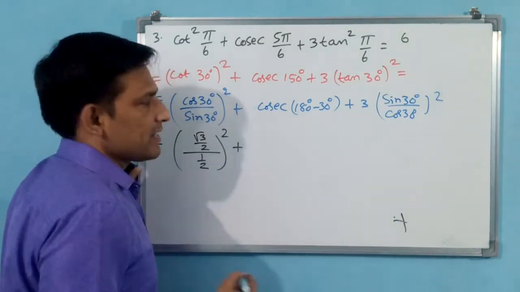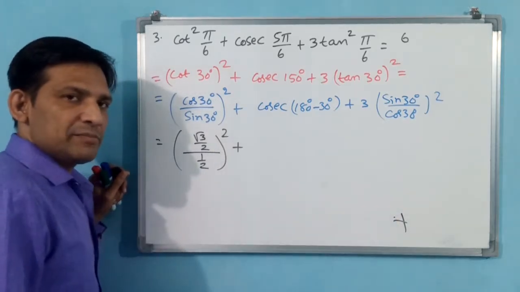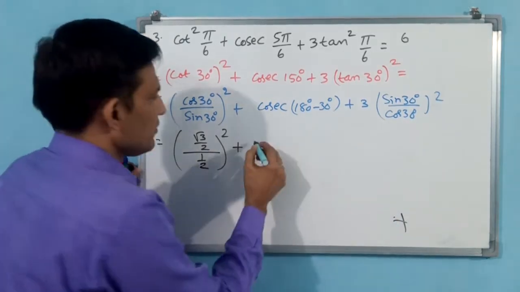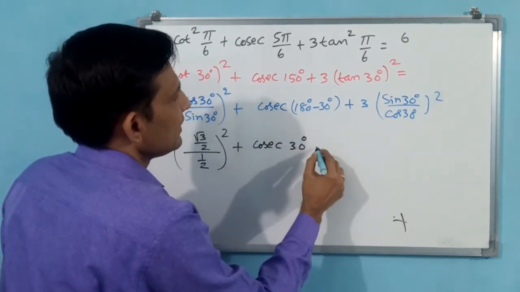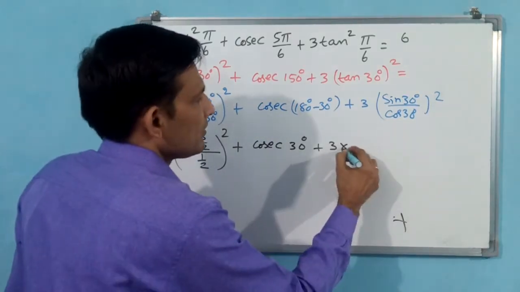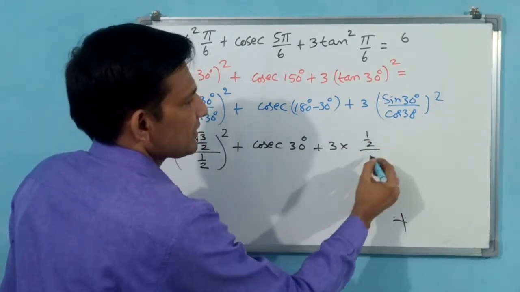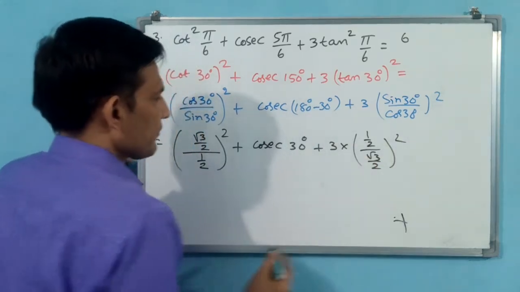Positive means you need not write again. But 180 degree means horizontal angle, so cosecant will become cosecant only. Cosecant 30 degree plus 3 sin 30, 1 by 2, by cos 30, root 3 by 2, whole square.